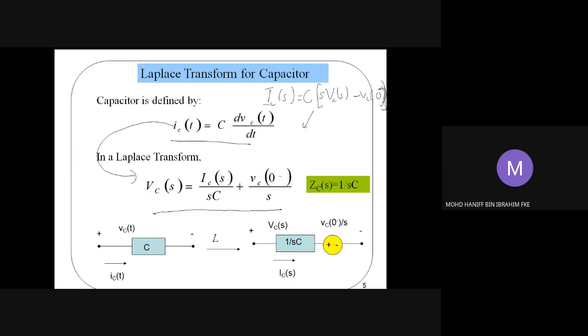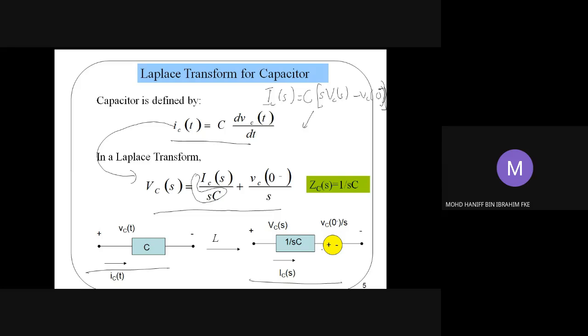From here, it shows that the impedance for the capacitor is equal to 1 over sC. This is your circuit transformation diagram; in the time domain it will look like this. In the S domain, according to this equation, the voltage drop across your capacitor consists of two components.